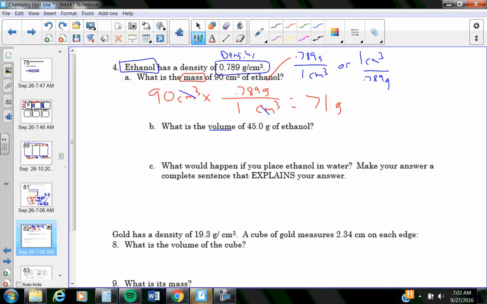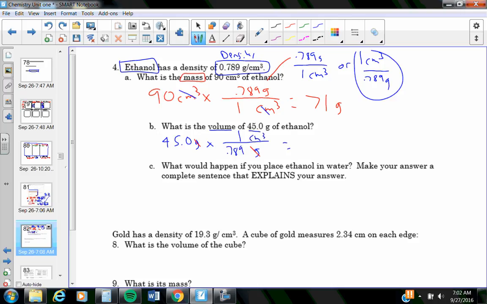Next is what's the volume of 45 grams. If I have 45.0 grams, same idea. I need to set it up in such a way that grams disappears. I'll put that on the bottom so that it crosses off, and I want cubic centimeters. So I follow this lead here. 1 cubic centimeter is 0.789 grams.